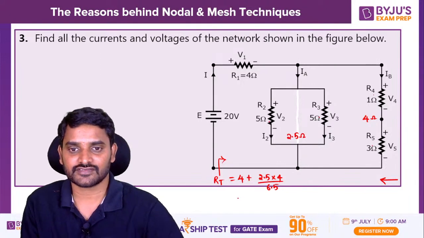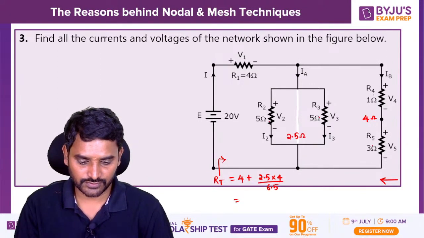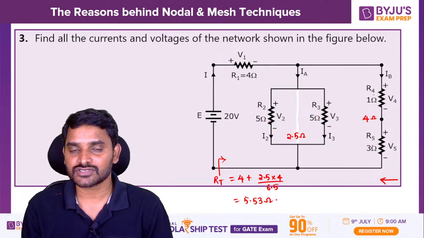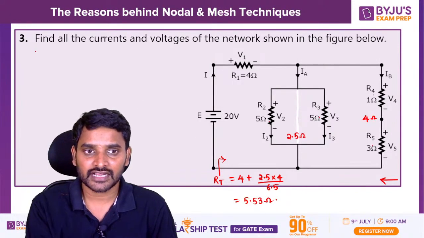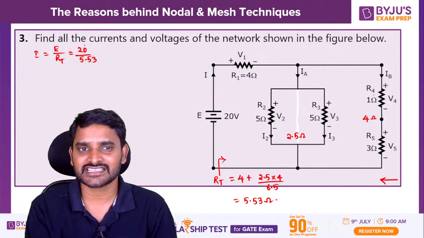If I solve this, I get 2.5 into 4 divided by 6.5, plus 4, which is around 5.53. This is the total resistance, so that I can easily calculate the current. Current I is equal to E divided by total resistance RT. 20 divided by 5.53 is less than 4.